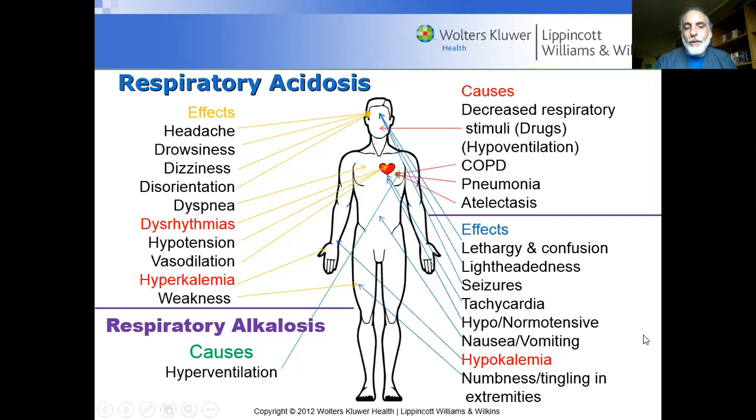Let's go down to respiratory alkalosis here for a second. Causes: hyperventilation. So who has ever seen this? Who knows somebody that hyperventilates, or has been, the medics showed up and they gave the person a paper bag to breathe into? What are they doing there?